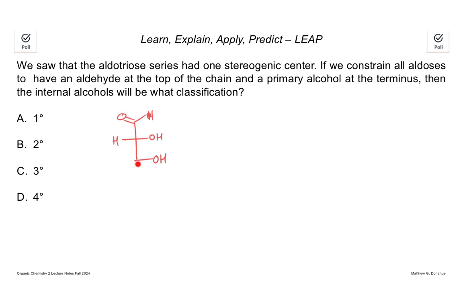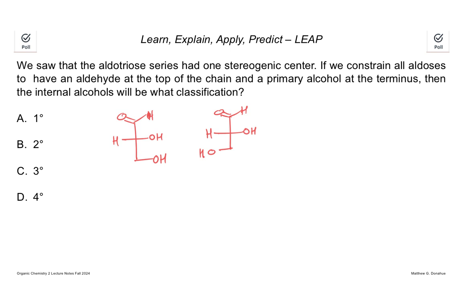I always draw the last alcohol to the right. It doesn't matter because that carbon is not a stereocenter. So if we drew it with a bond rotation this way, that's still the same molecule.